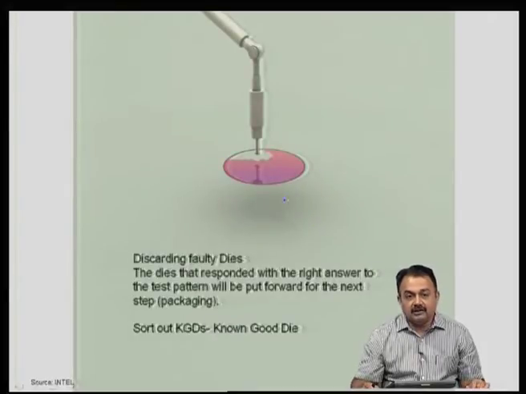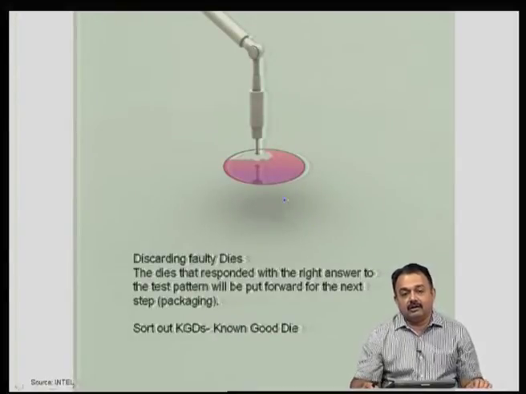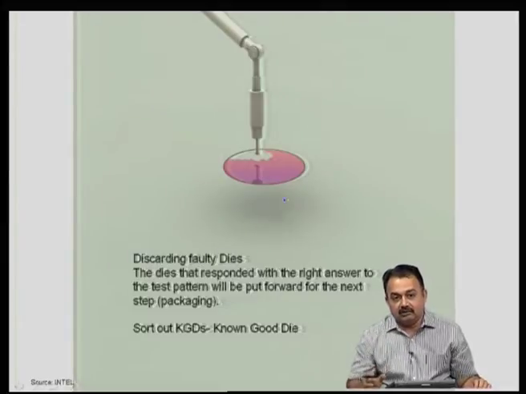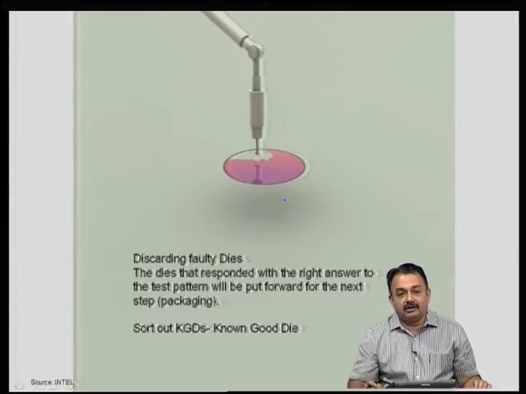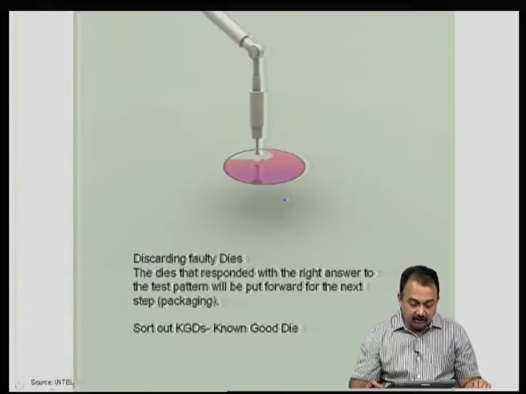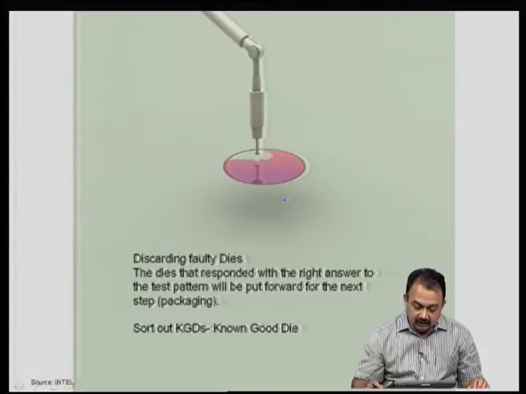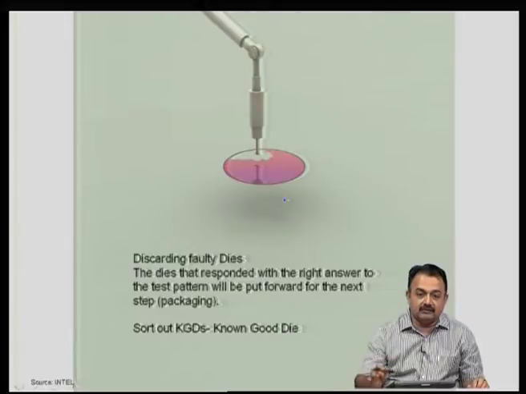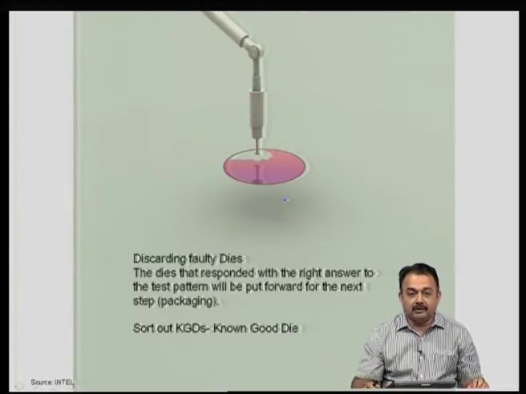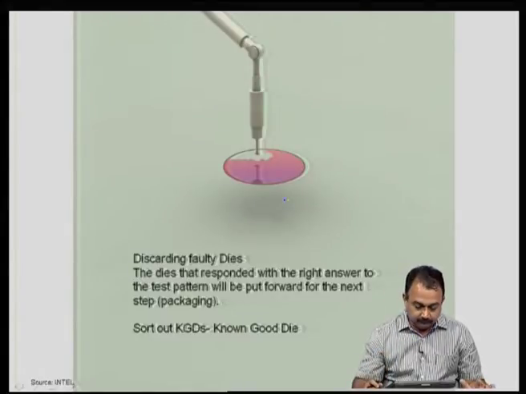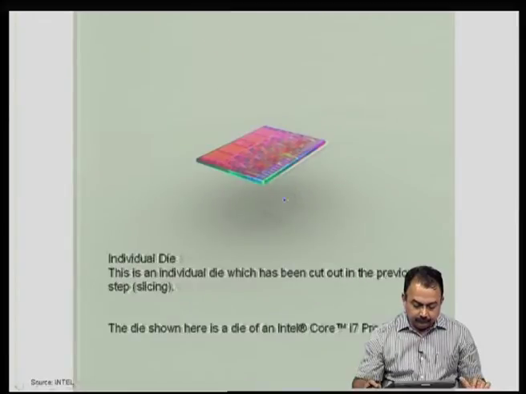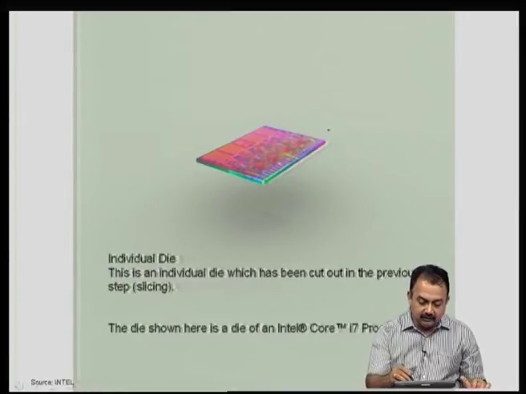Now, after the dies are singulated, you get single dies, and you have to qualify each as a known good die, KGD. Again, you can do an electrical test for each of these dies, and put it through a series of programmed tests, which will say whether this die has passed the requisite test. This is how you get an individual die.